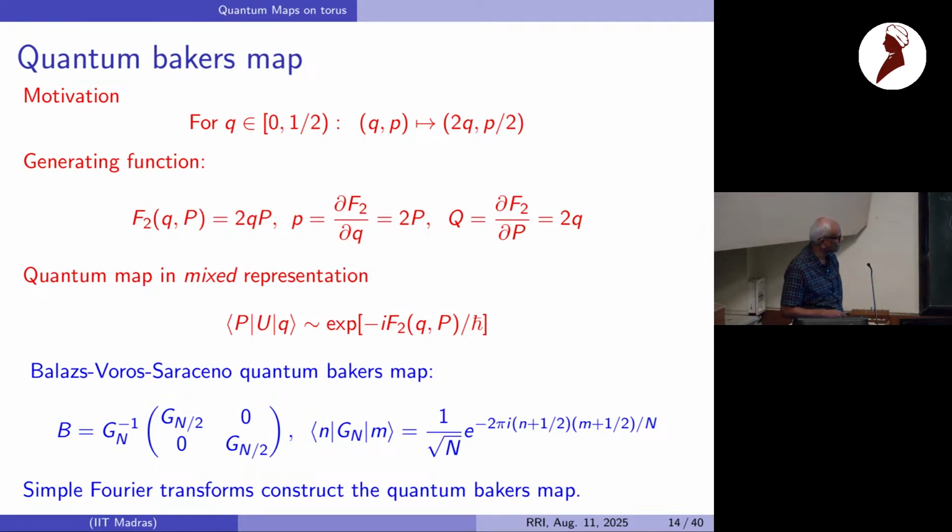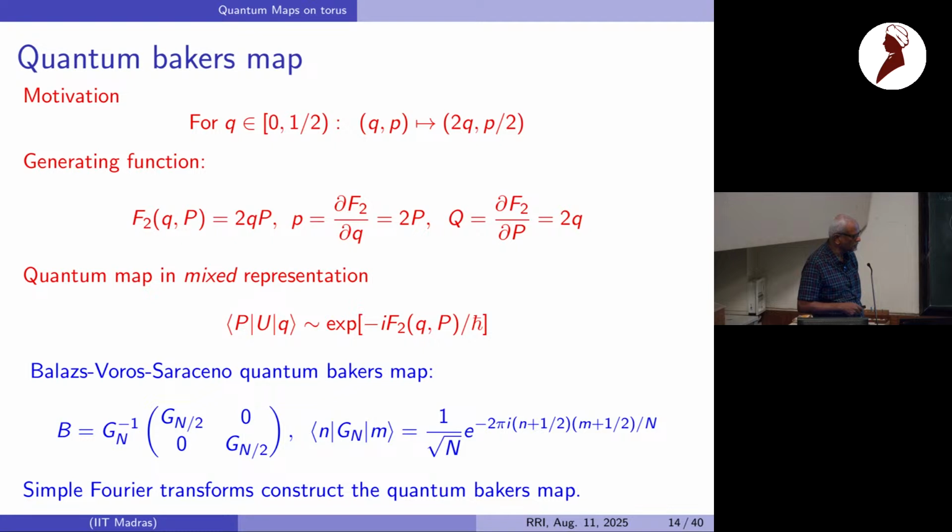And so you would exponentiate this generating function. Because it is connecting positions and momentum, the quantum object is in this mixed representation, old position and new momentum. This operator is written in a position-momentum mixed representation.